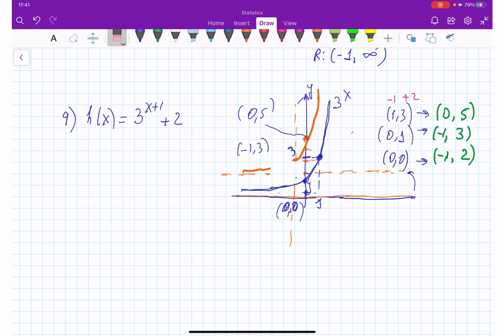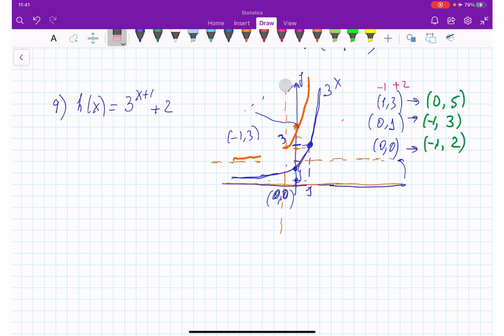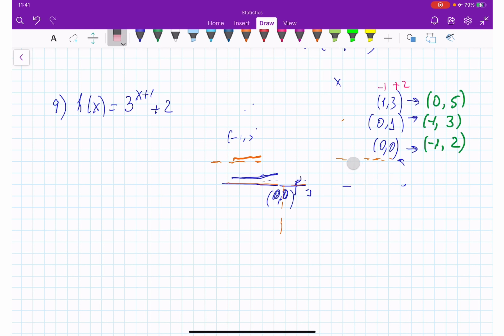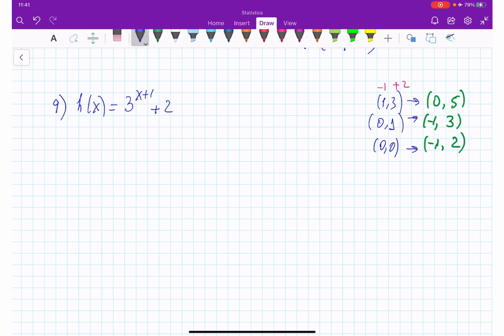I'll tell you what, I'm going to make it much better. I'm not going to draw on the same graph. Give me 1 second, I will make it clear so we can understand better. So here we have this is 1, this is 3, 1, 2, 3, this is 1, and it's gonna go like this.